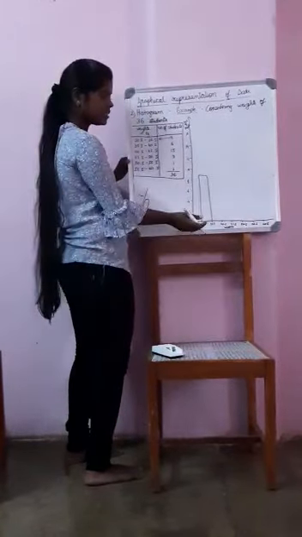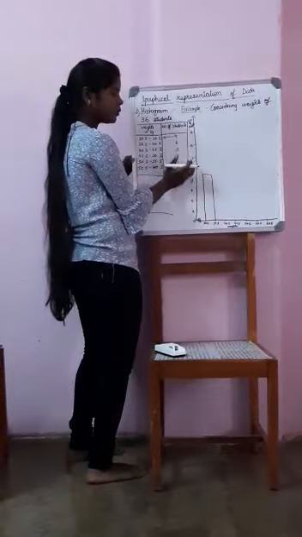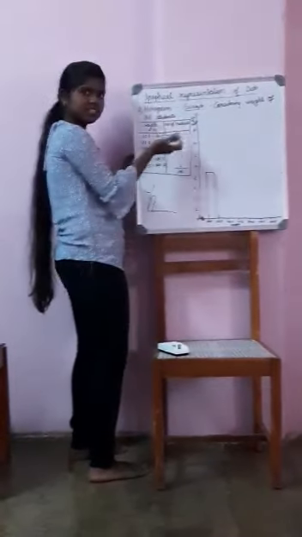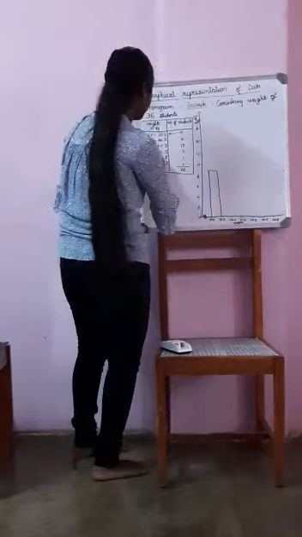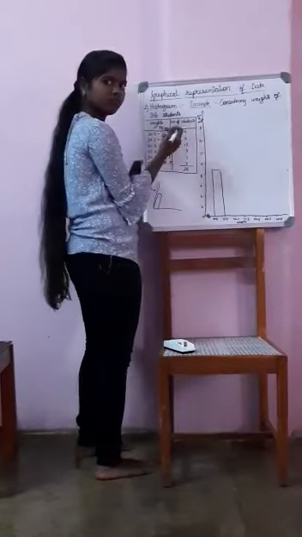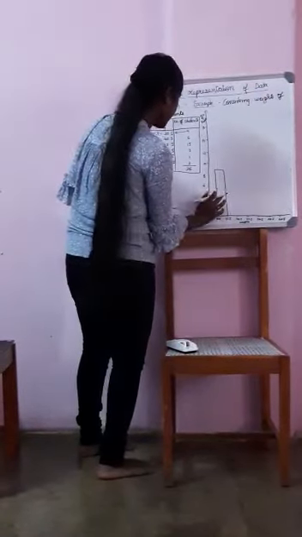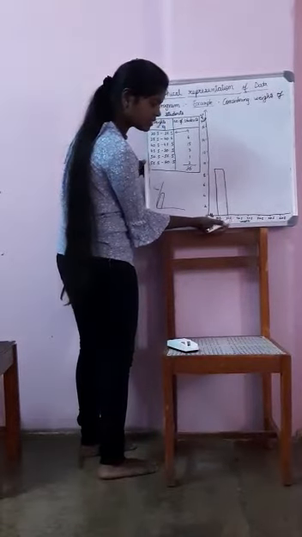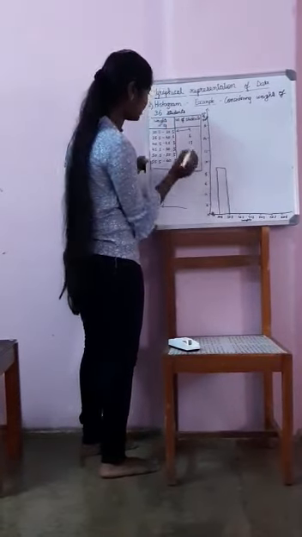Please note the rectangle should be proportional to the frequency, that is the number of students. Next, 35.5 to 40.5. So I am going to start from this line itself, because from 35 that is the point, 6.